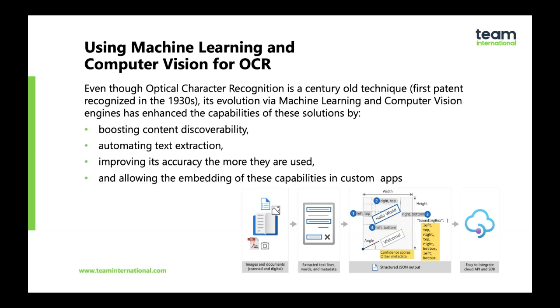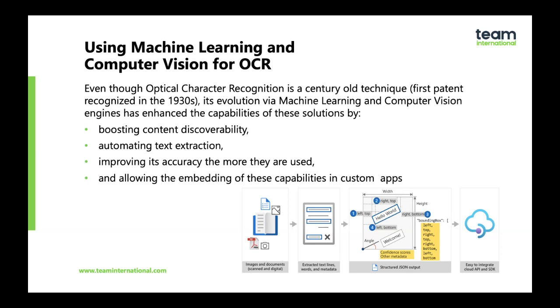As with any machine learning based solution, these OCR engines learn more and do their task better the more documents they process. As such, the accuracy of the information that they interpret is going to keep improving over time and over usage, which allows us to increase the automation capacity of the solutions.